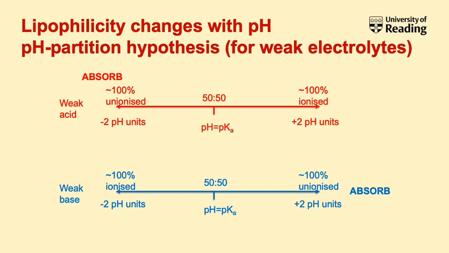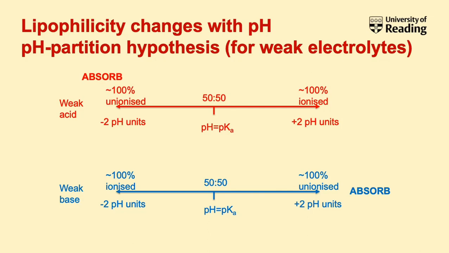And if you go to higher pH, you're going to have more of the ionized form in solution. If you go to lower pH and you increase the unionized form, as long as you still have enough solubility, you will then increase absorption across the hydrophobic membrane because you'll make your material slightly less water soluble and more lipid soluble, so more lipophilic.